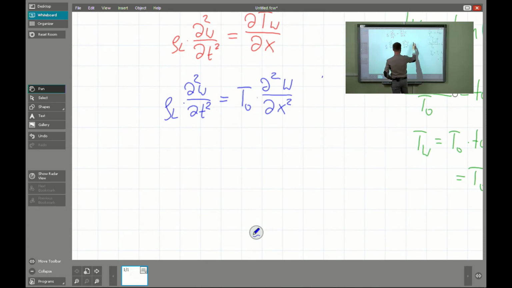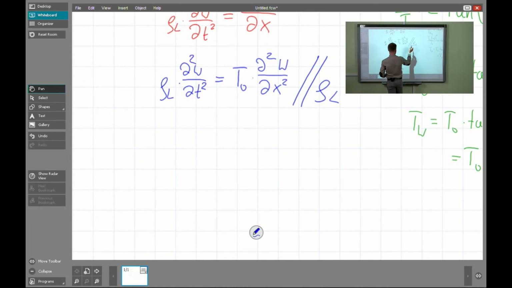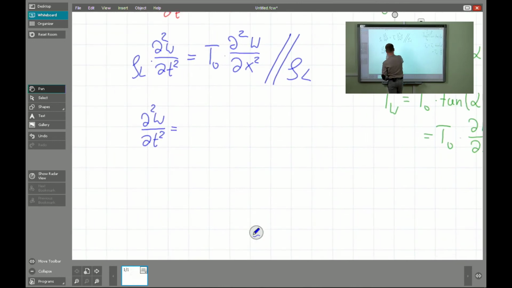And now at the end we can divide everything by rho L, and we get the wave equation, because that is the name of such an equation, given by such a formula.